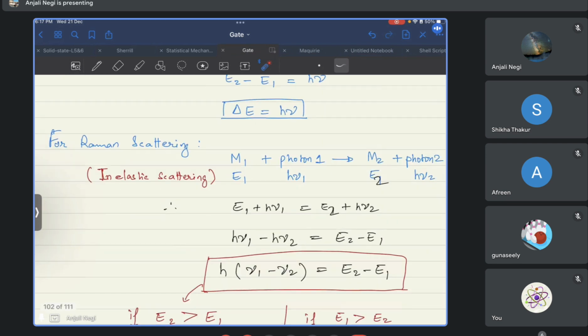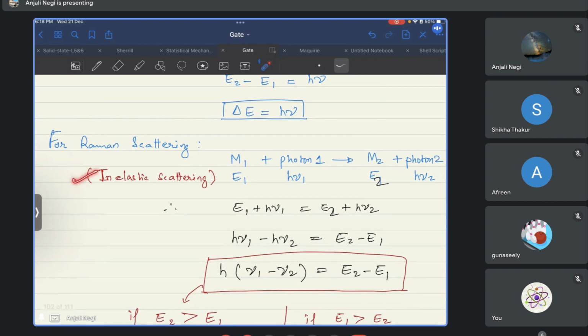But for Raman scattering, which is an inelastic scattering, photon 1 will not be fully absorbed, and we have an emission of photon 2, which has energy h mu 2, correct? Depending upon whether this h mu 2 is equal to h mu 1, it will be Rayleigh scattering, or depending upon whether h mu 2 is greater or smaller, it will be Raman scattering.